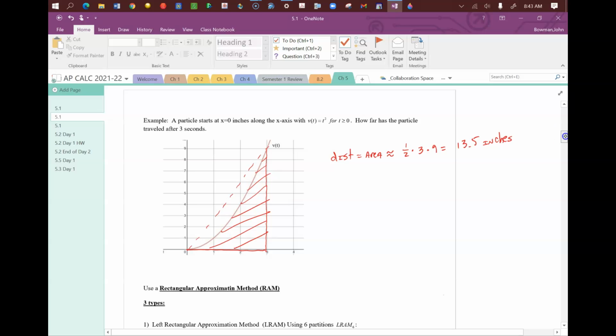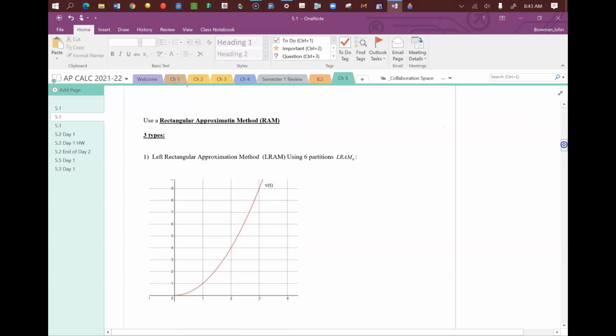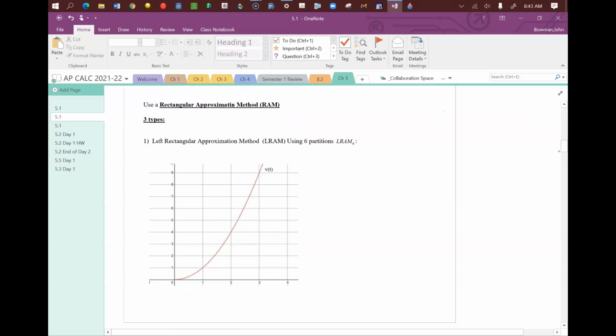So we're going to talk about some ways to estimate these areas, and they are called rectangular approximation methods. The first one we're going to start out with is called the left rectangular approximation method. Basically, we break the area under the curve into rectangles.